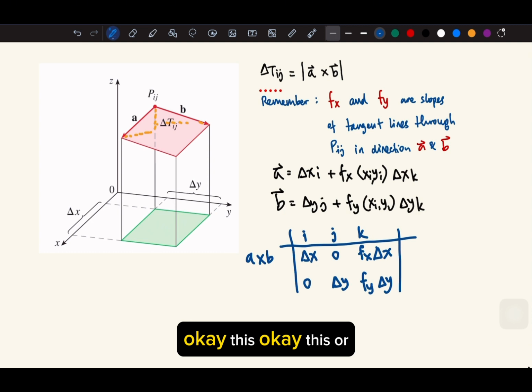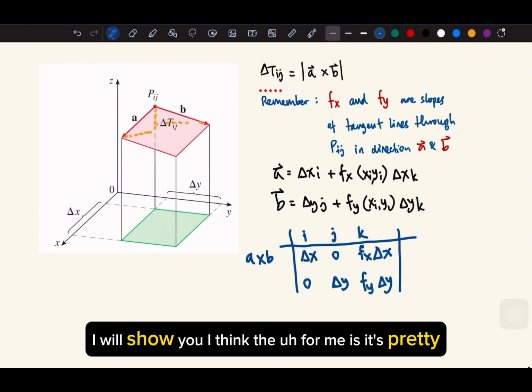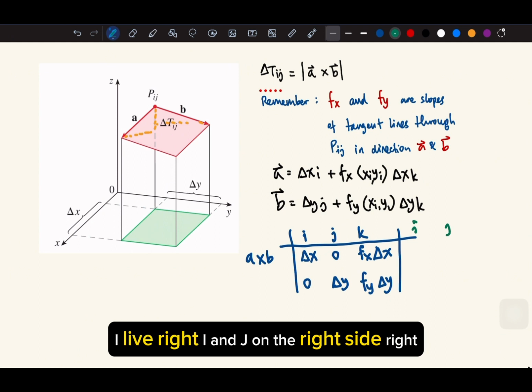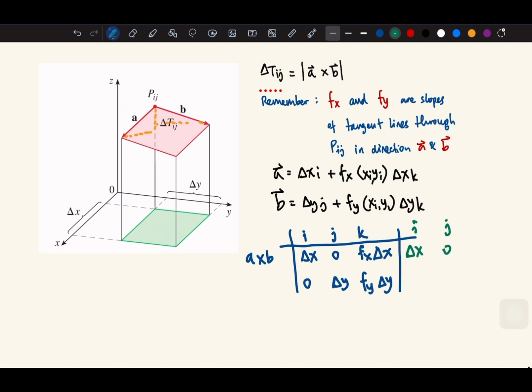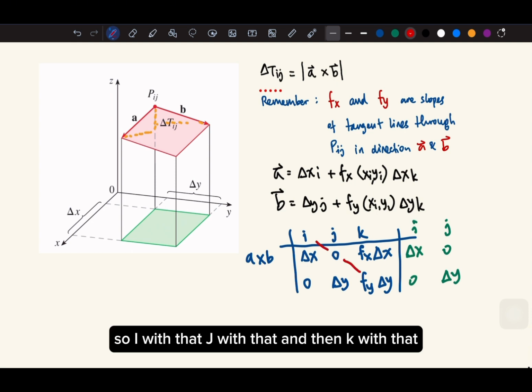Or I will show you, I believe it's much simpler. I will write I and J on the right side, the same thing. And every part we are going to cross multiply. So I with that, J with that, and then K with that.